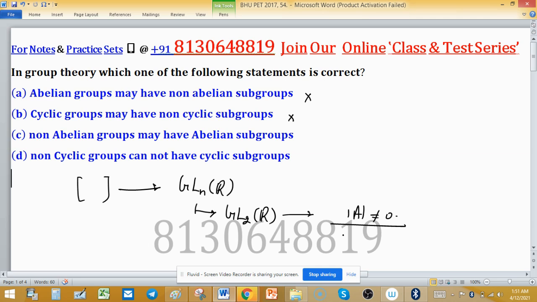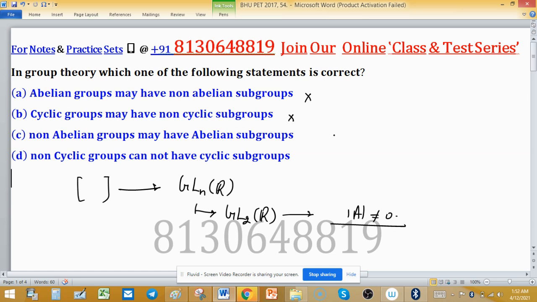Then the product of two diagonal matrices will be diagonal again. It means it will satisfy the commutative property, so it becomes an abelian subgroup of this. So non-abelian groups may have abelian subgroups.